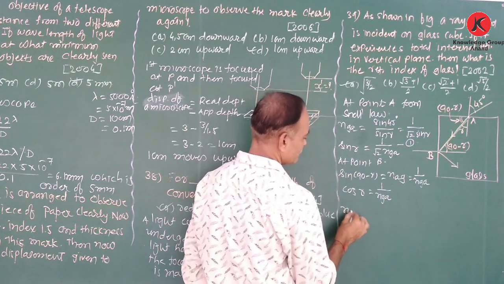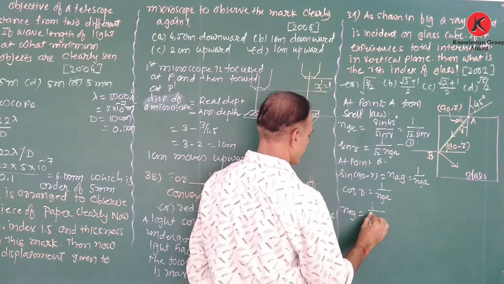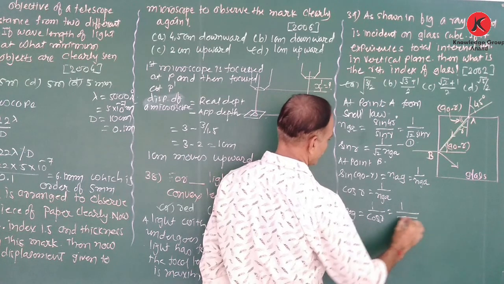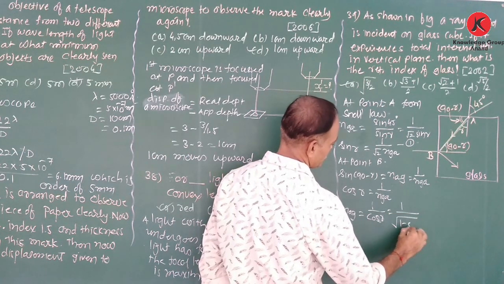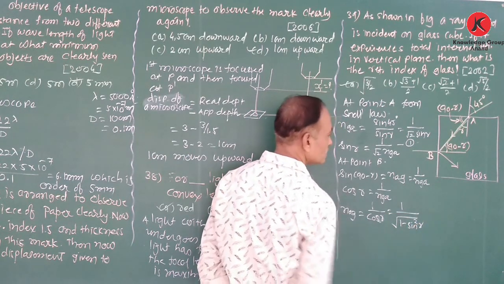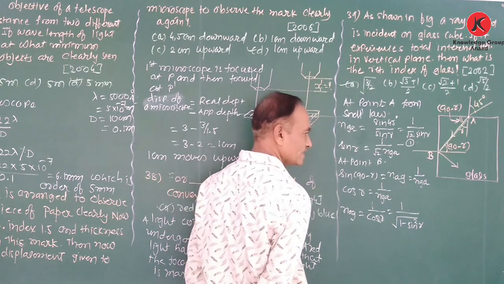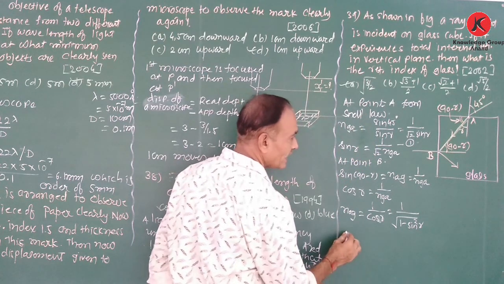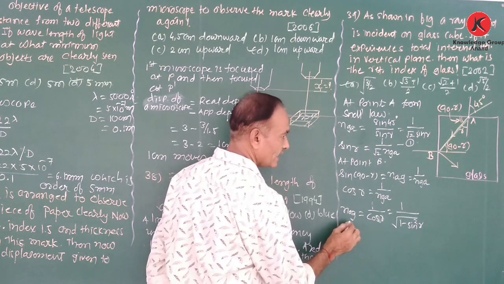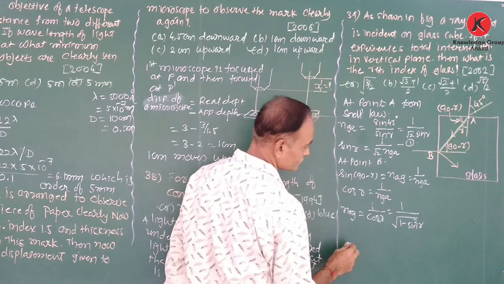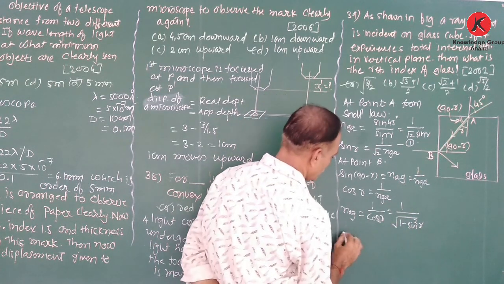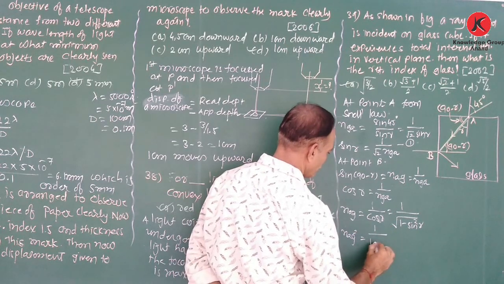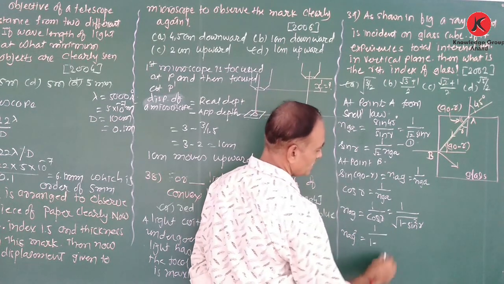Therefore, NGA is equal to 1 upon cos r, which is 1 upon under root of 1 minus sin square r. Squaring, therefore NGA square, substituting here, NGA square is equal to 1 upon 1 minus sin square r.